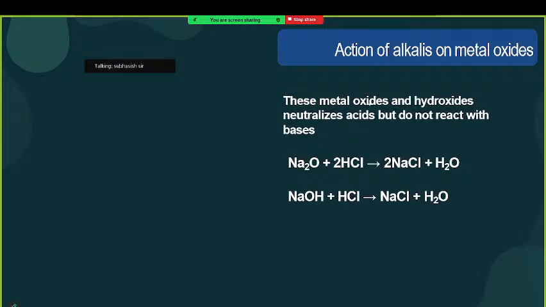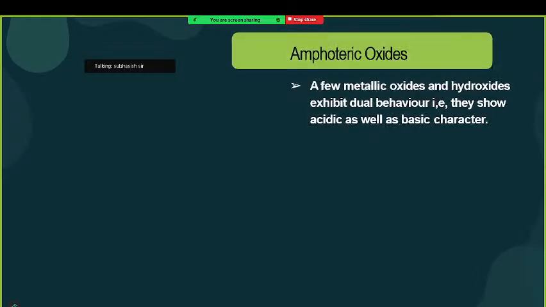Sodium oxide is a metal oxide. Metal oxide reacts with HCl to give salt and water. The hydroxide also reacts with HCl to give salt and water, because sodium oxide and sodium hydroxide are both basic in character. Metal oxides and hydroxides are basic in character.